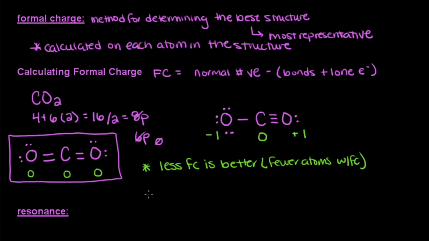So for example, in a polyatomic ion, you have to have formal charge, as long as the magnitude is not greater than 1. Okay, so a formal charge of plus or minus 2 is not acceptable. So if you get a structure that has that, you know that's the wrong structure.